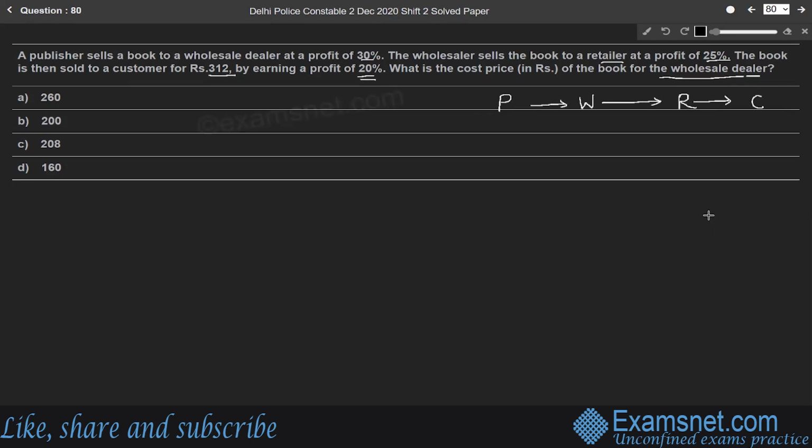So here, given that the profit of the publisher is equal to 30%, while the wholesaler sells the book to a retailer at a profit of 25%. Therefore, profit of wholesaler is equal to 25%, where profit of retailer is 20%, right?